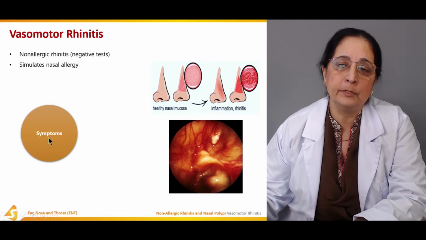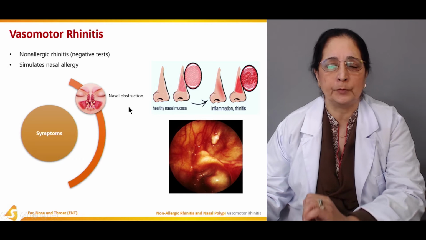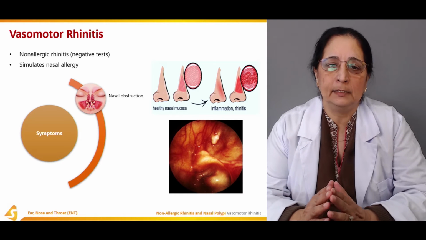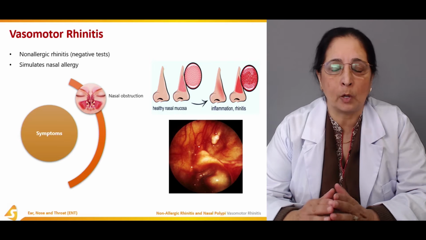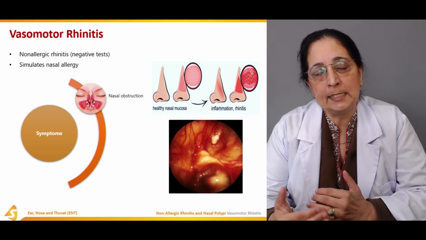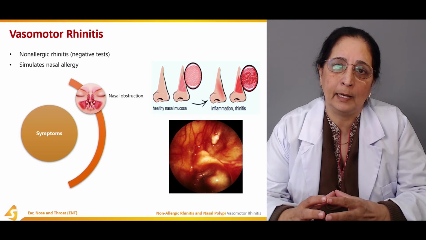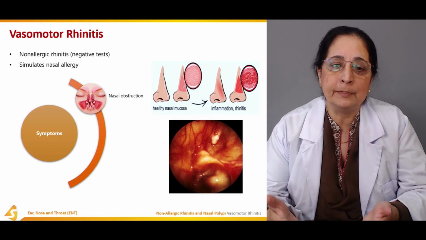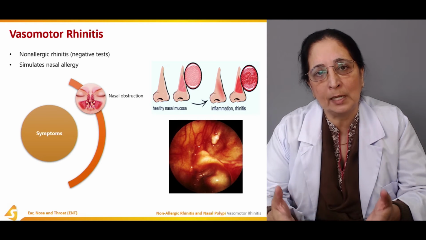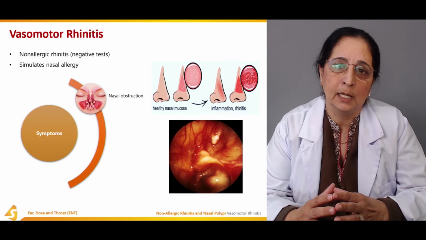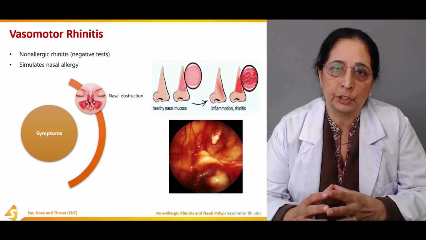Now, the symptoms of vasomotor rhinitis are, first, nasal obstruction. As with allergic rhinitis, nasal obstruction is common because with any type of inflammation, whether non-allergic or allergic, the symptoms produced are because of the swelling of the nasal mucosa, which becomes edematous and causes obstruction.